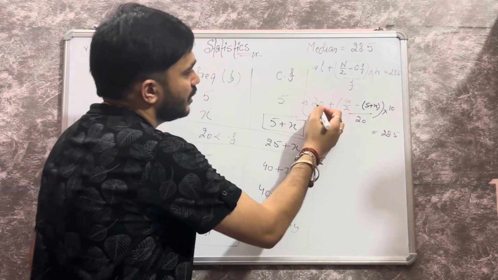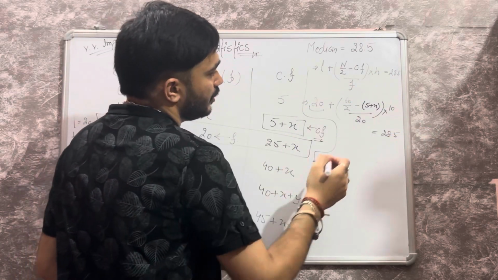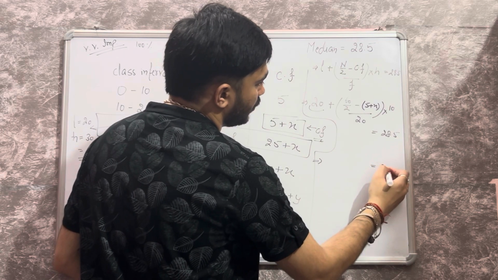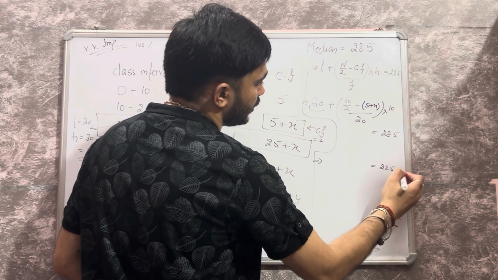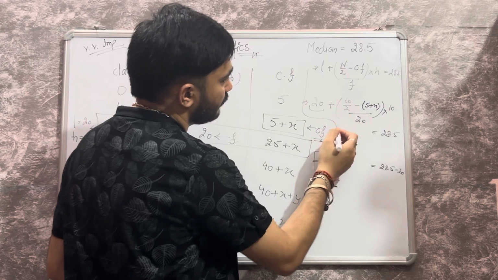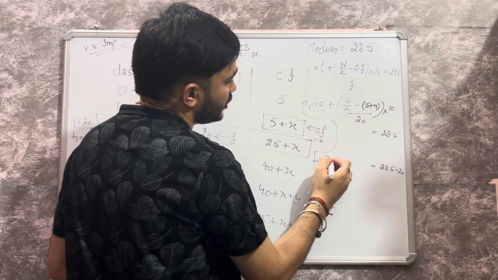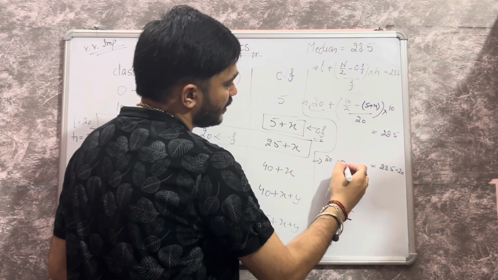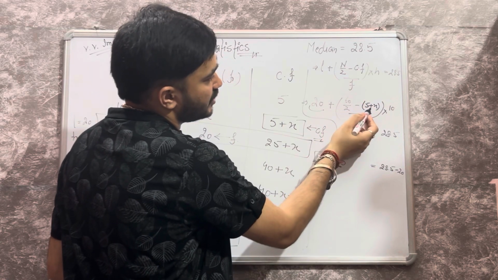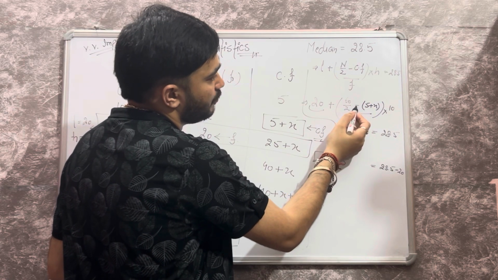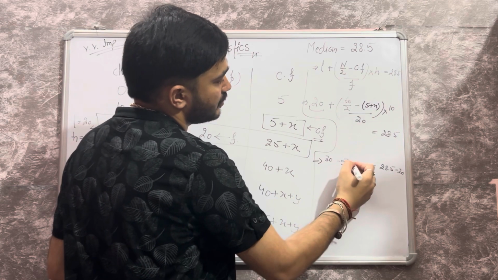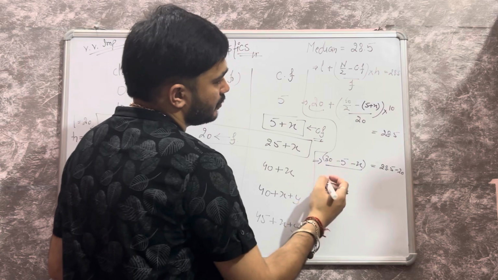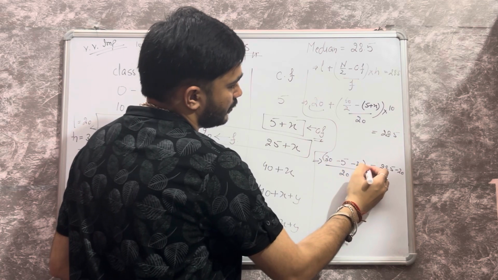Which implies this 20 is going to be subtracted from the right hand side, and you will get 28.5 minus 20. Here you are left with 60 divided by 2, which is 30, minus 5. Take this subtraction into the bracket, minus 5 and minus x, divided by 20, into 10.